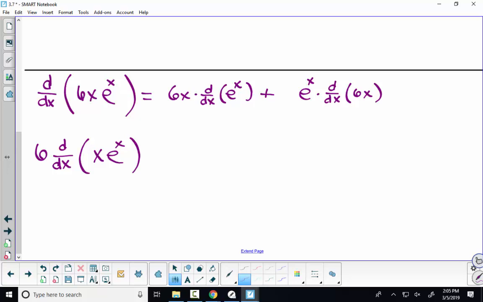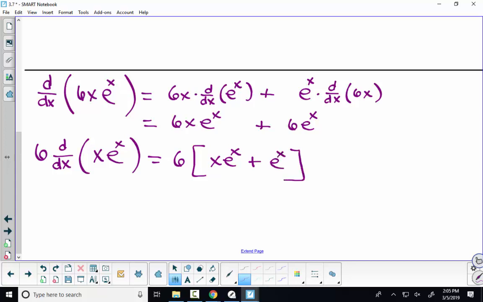Okay, so that gives us 6x times e to the x plus 6 times e to the x. If we did this version where we factored the constant out first, we would have 6 times x e to the x plus e to the x.